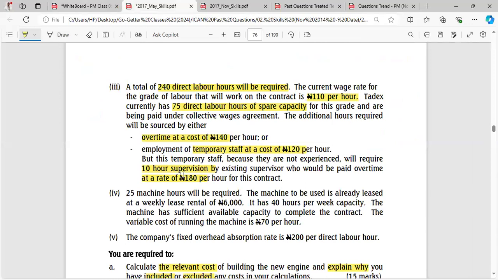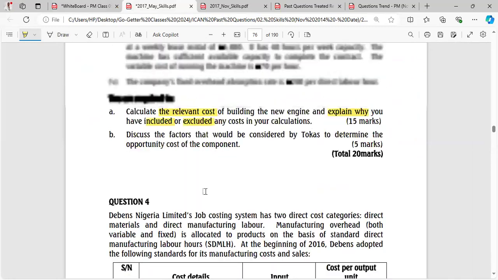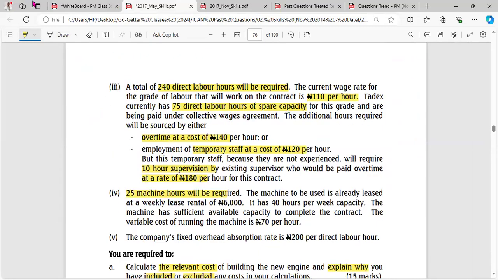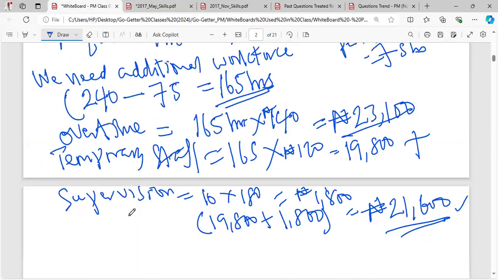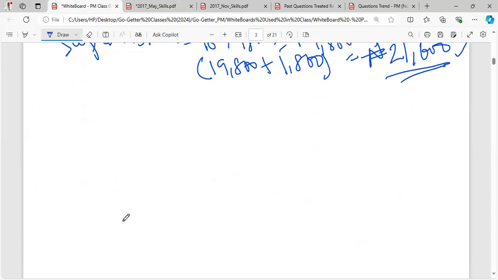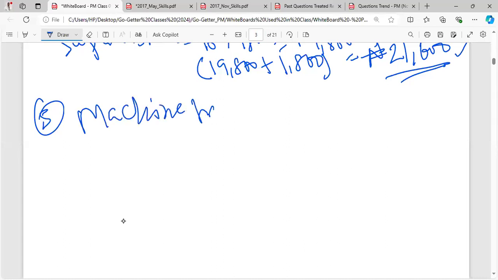So let's deal with machine hours. 25 hours will be required. We go to workings 5, machine hours costs.